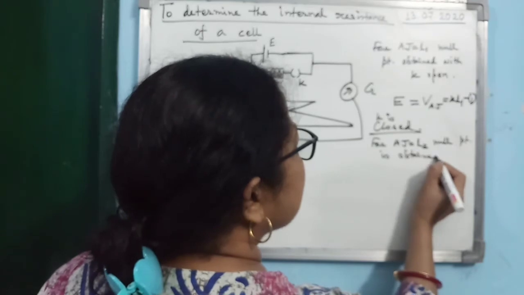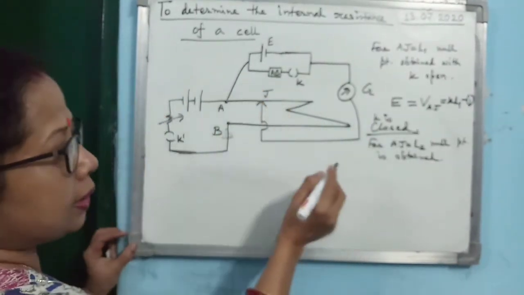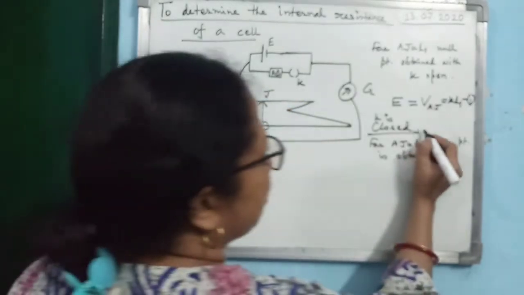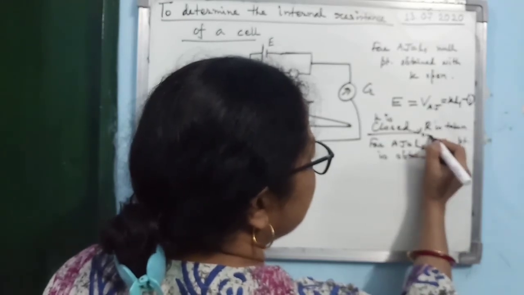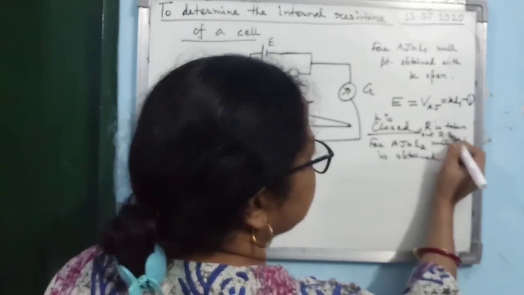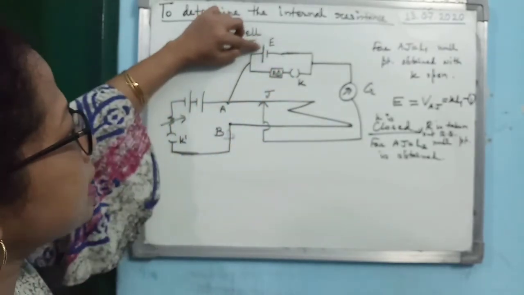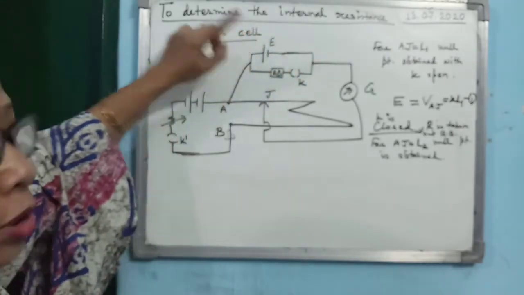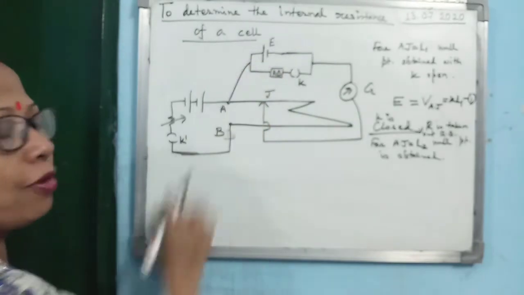Now in this case what is happening? And in this case also one thing I forgot to say: take out one resistance R from the resistance box. Is that clear? So you see what will happen. Now this cell will send current through this one also. So now across these two points, you cannot say EMF is working.